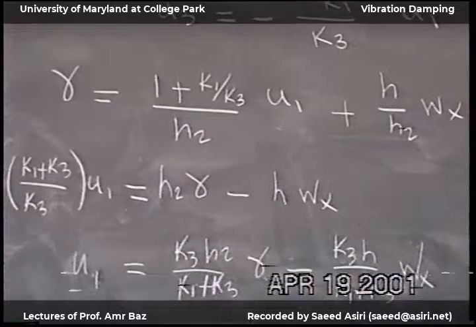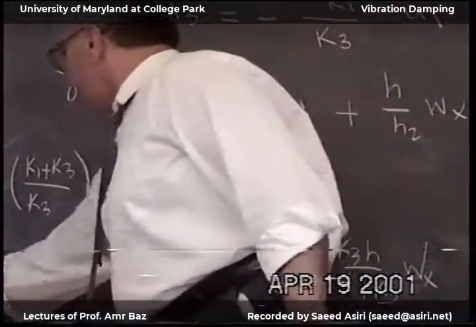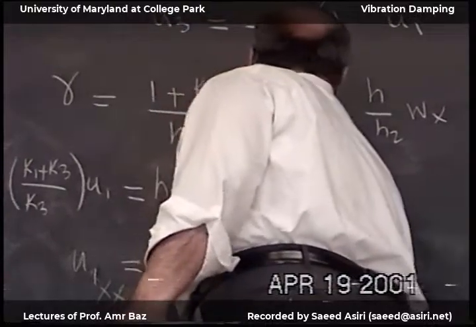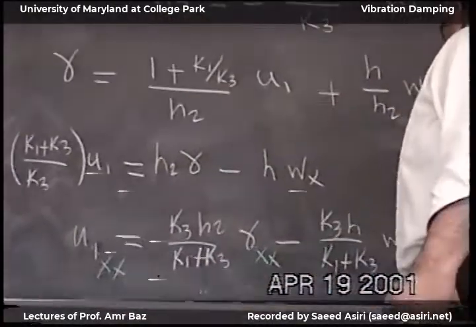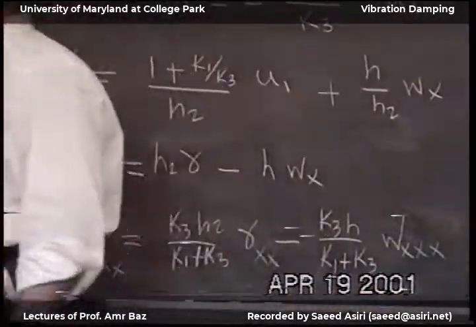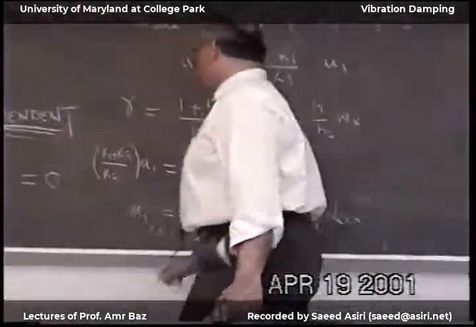Then now I'm going to differentiate this 2 times, exactly as we did before. And then now replace this by F1.